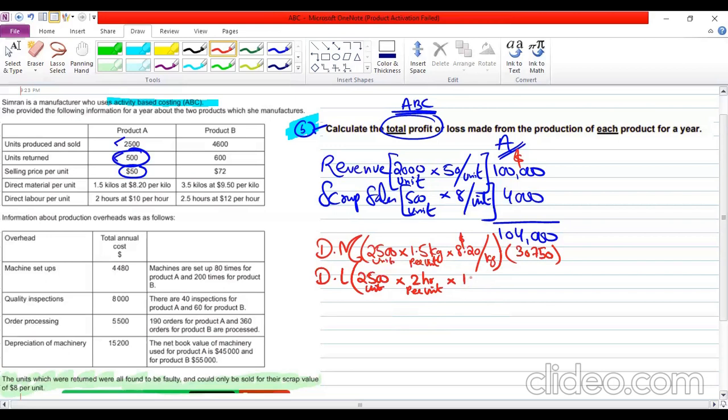And for 1 hour, the rate is 10. So, in total how much am I going to pay them? Is it 50,000 or no? Yeah. Till here, any problems?